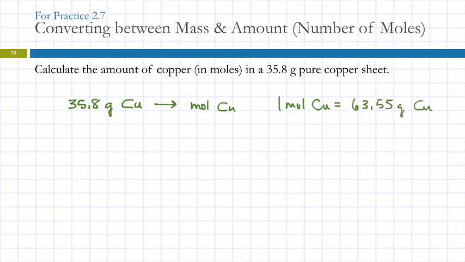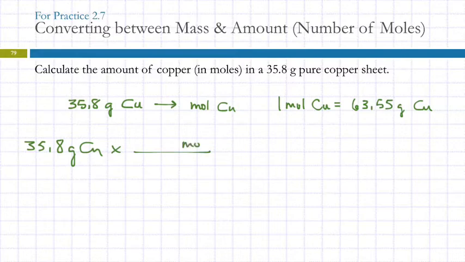So Avogadro's number of copper atoms weighs 63.55 grams. 1 copper atom weighs 63.55 atomic mass units. So this is our conversion factor. We can do this in one step. We have 35.8 grams of copper. We have 1 fraction here.